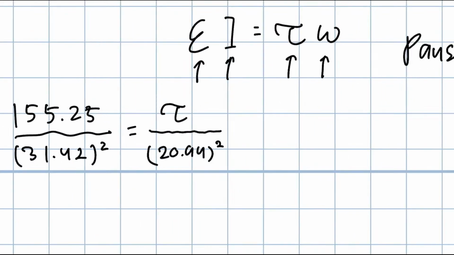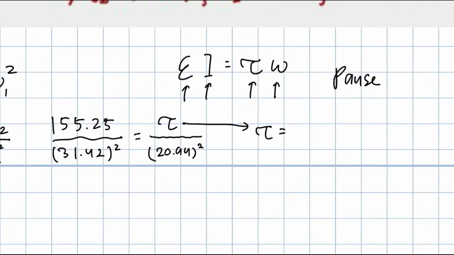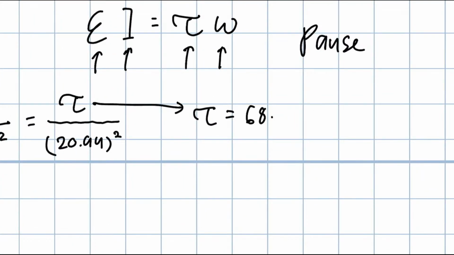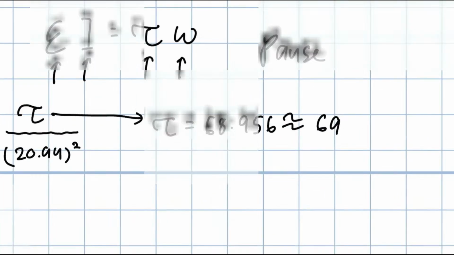Okay, so kita cari T2 ni. T2 equals to okay, kita darab dulu. 155.25 over 31.42 squared darab 20.94 squared. Okay, so dapatlah 68.956. Equivalent lah dengan 69. Macam tu. Okay, so that's how they got it.